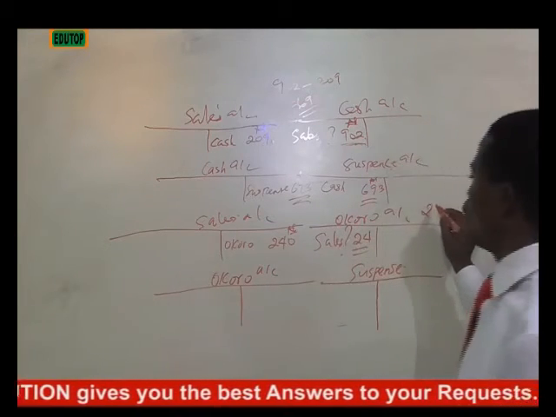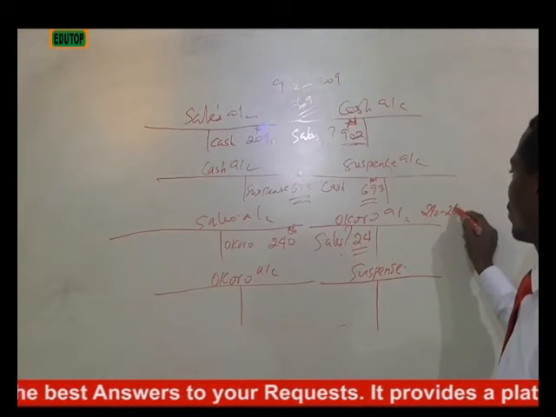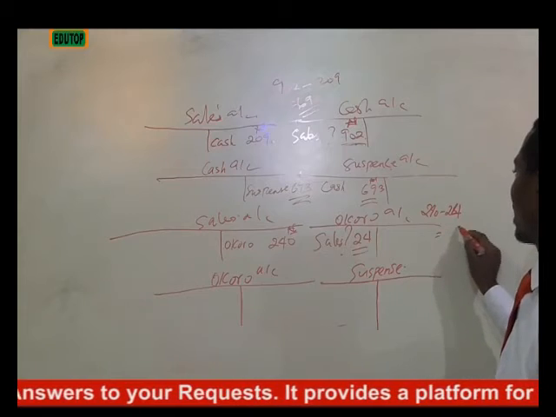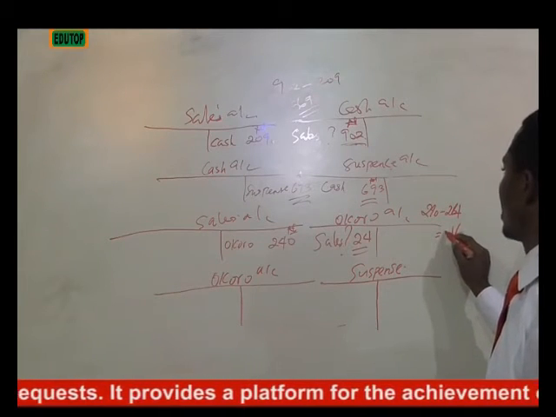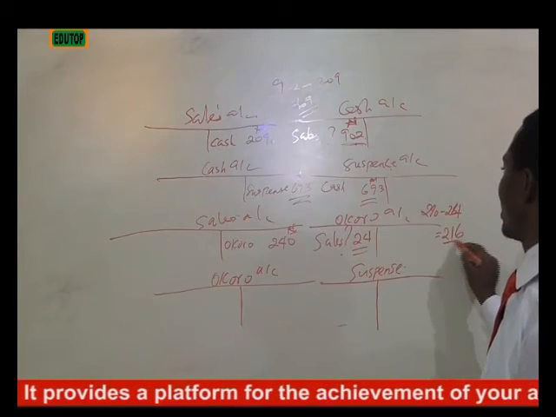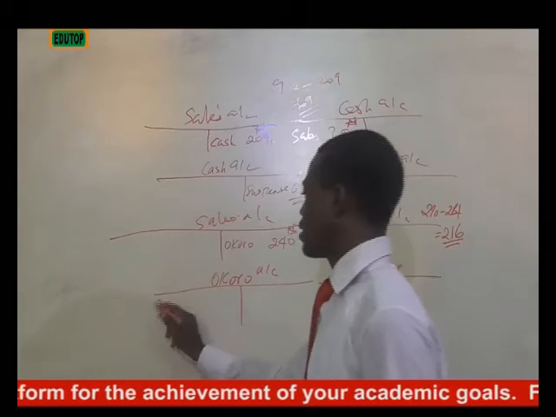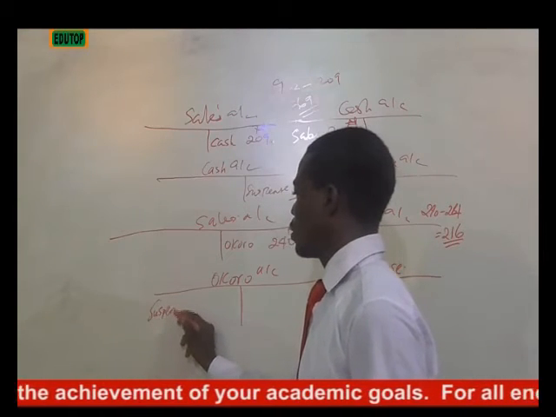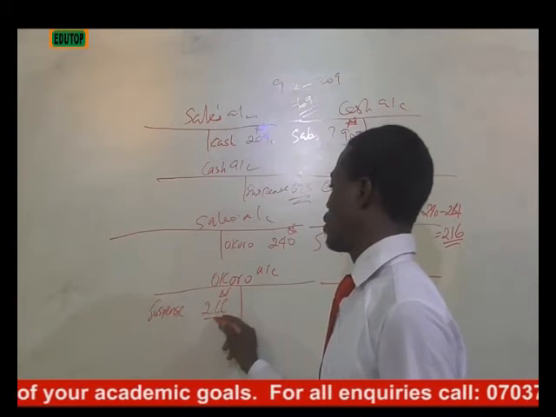You say 240 minus 24, that is 216. Then you debit Okoro account back as suspense, 216.